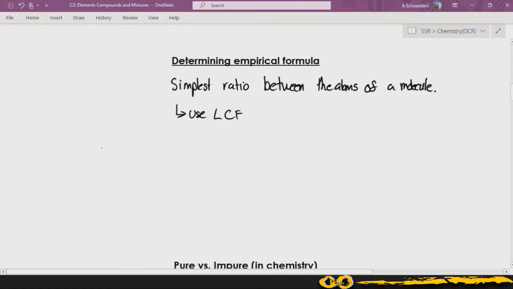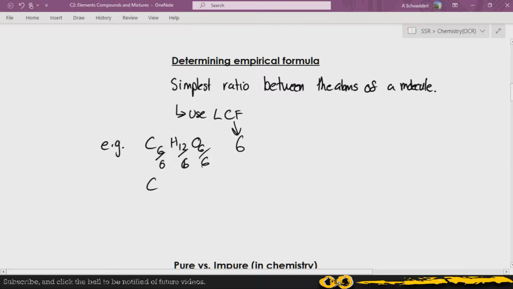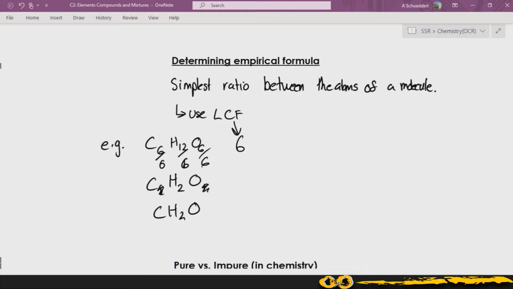Let's take the example of glucose, C6H12O6. In this case, the largest common factor is 6, so we'll divide each of the numbers by 6. 6 divided by 6 is 1, 12 divided by 6 is 2, and 6 divided by 6 is 1. Now, as lazy chemists, we'll ignore these ones, so the formula for glucose is CH2O. This is the simplest ratio between the elements in the compound, and it lets you know in what proportions they're combined.